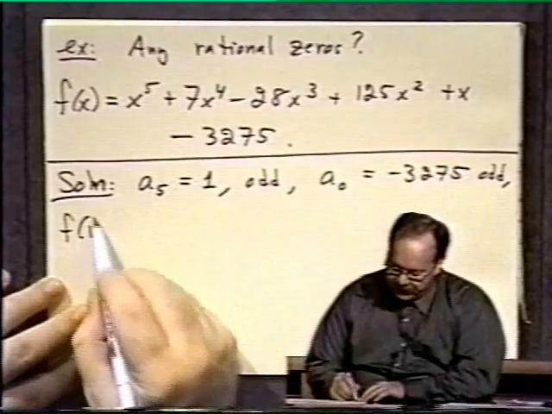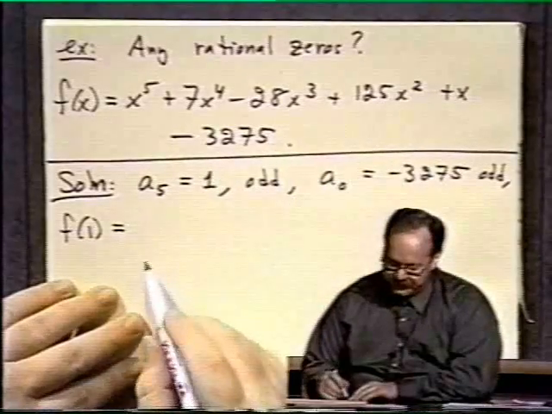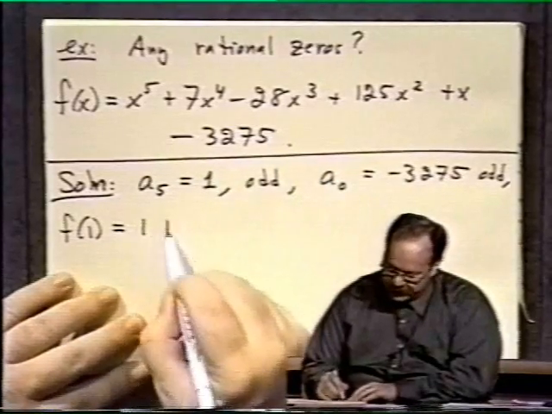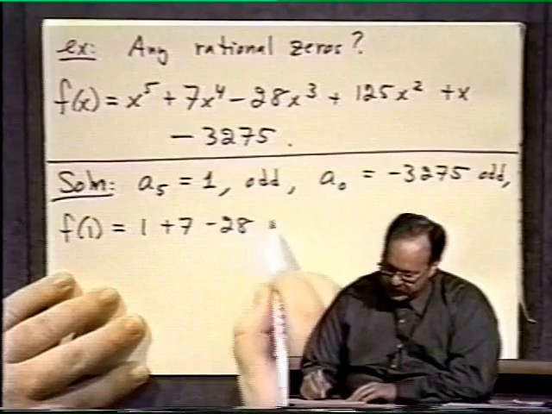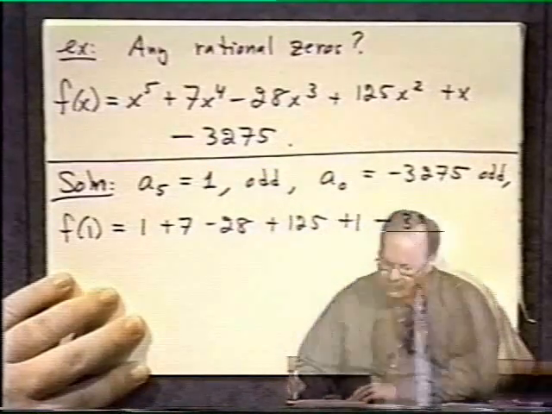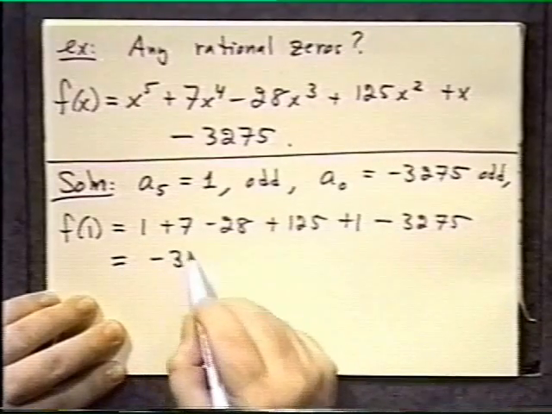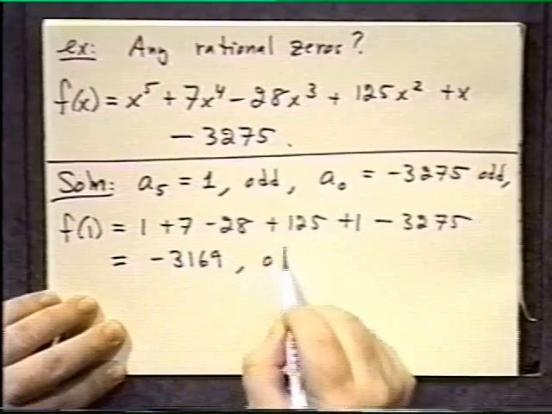And then let's look at f of 1, which remember is just, when you put 1 in for x, you're just adding the coefficients. So the sum of the coefficients is 1 plus 7 minus 28 plus 125 plus 1 minus 3275. And if you drop that in your calculator, you get minus 3,169, which is odd.